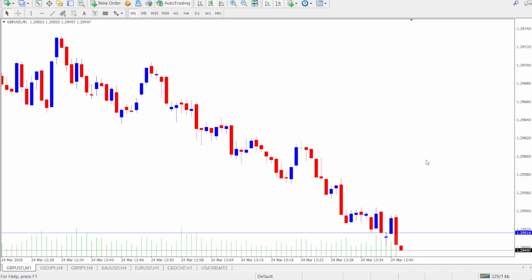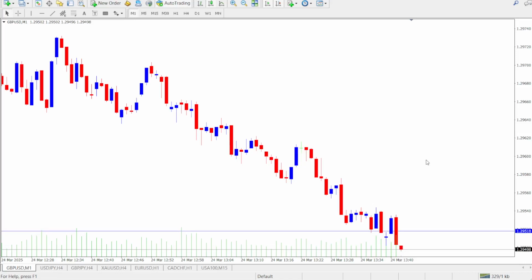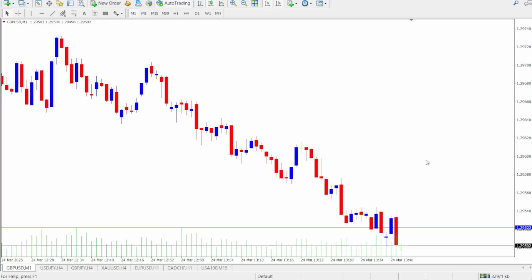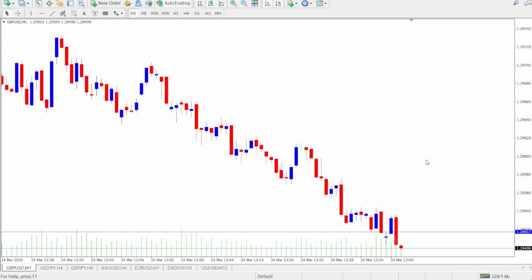So if you're tired of getting stopped out too early or struggling to manage your risk effectively, then this tool might be what you need. The ATR Trailing Stop Indicator dynamically adjusts your stop loss levels based on market volatility, helping you stay in winning trades longer while protecting your capital.